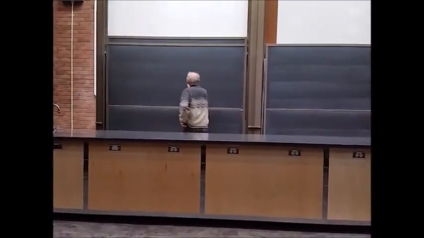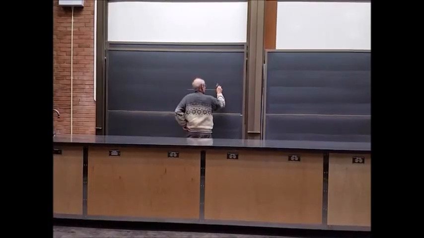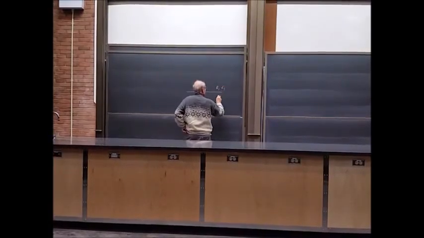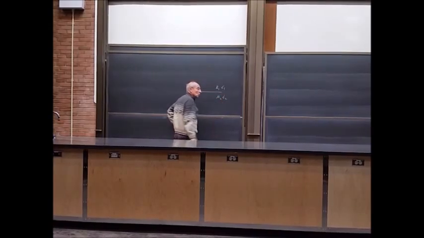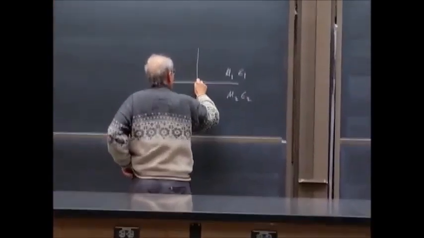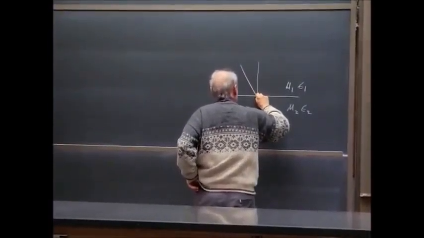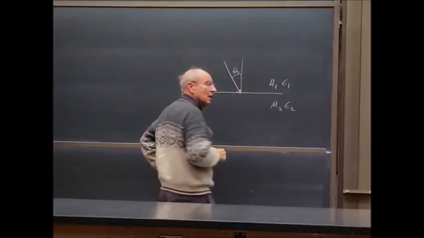Here you have an interface between two materials having mu1, epsilon 1, mu2, epsilon 2. And we have a wave coming in, making some sort of an angle, call it theta 0.